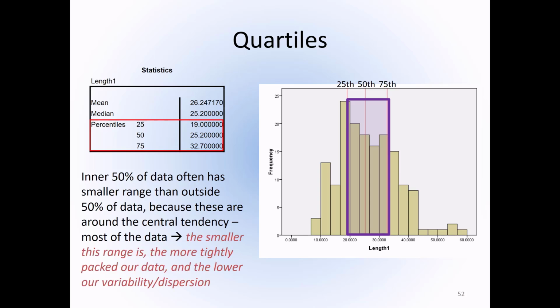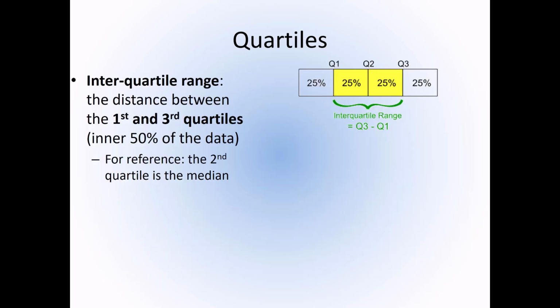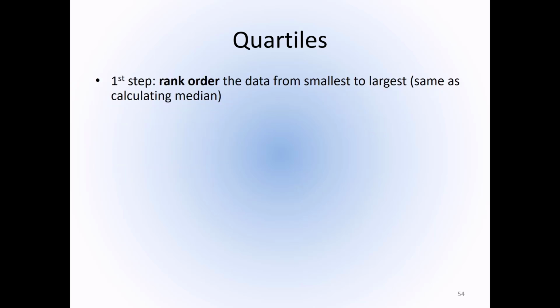And we can use this inner 50% of the data to get an understanding of how much variability we have in our data, such that the greater this purple box would be, the more variability we would have in our respective data. So we can use this to quantify what we call the interquartile range. It's the distance between quartile 3 and quartile 1, so that is the inner 50% of the data. And just for reference, again, the second quartile refers to the median. These are the same.